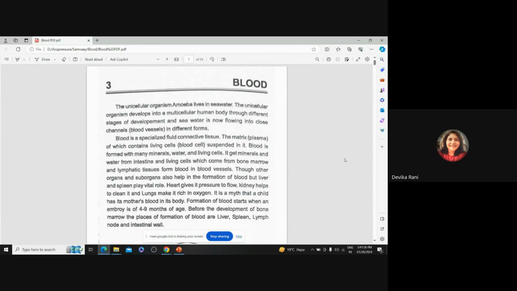Just like a cell has different organelles suspended in it, the blood has living cells suspended in plasma.